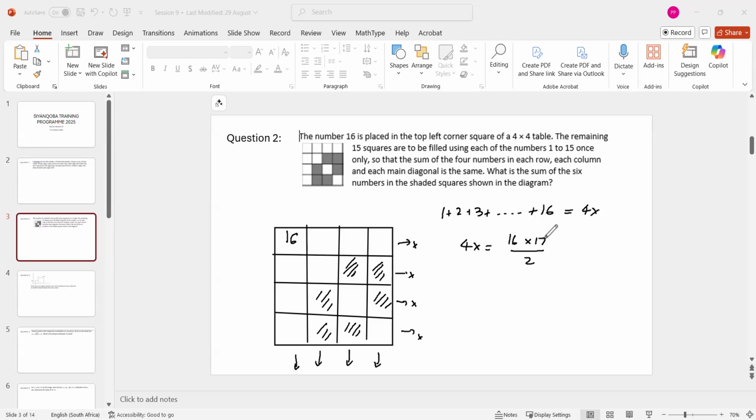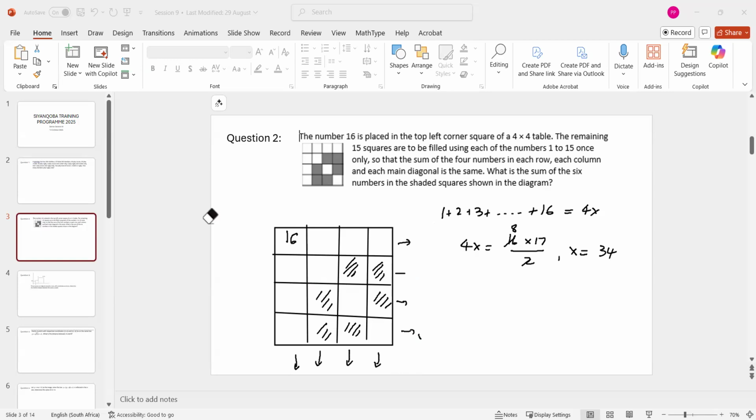So it's 16 times 17 over 2. 2 goes into 16 8 times, and x is 8 times 17 over 4. That's 2 times 17, which is 34. So they all add up to 34. So the common number that they all add up to is 34.